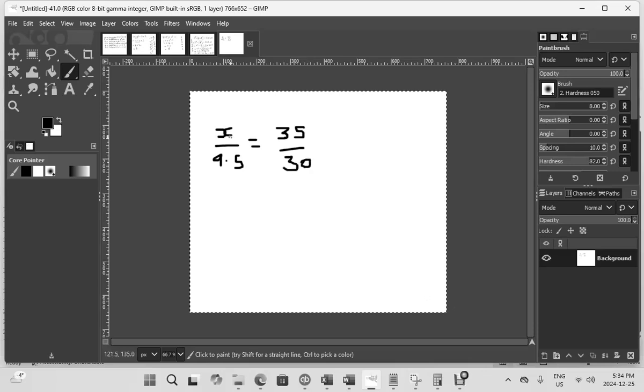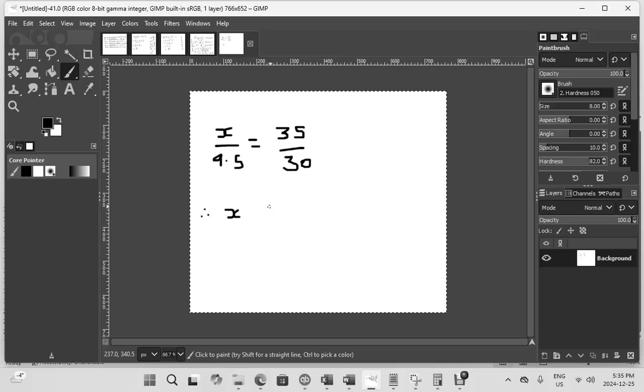If you look at this equation, you can see that there's a variable that you need to solve for, and this variable is x. Now, to solve for x, you will need to bring this number over to the other side of the equal sign.